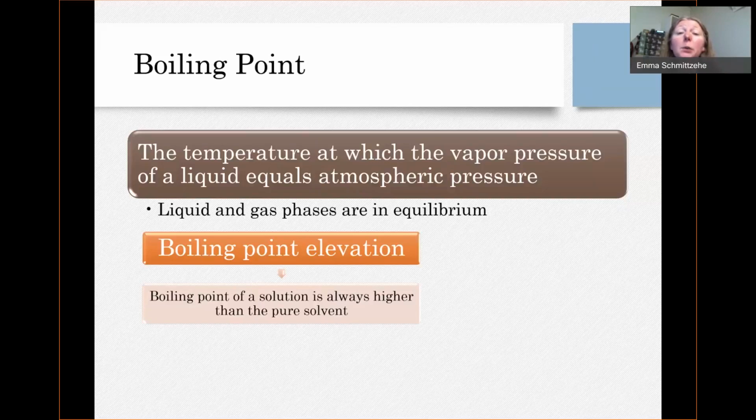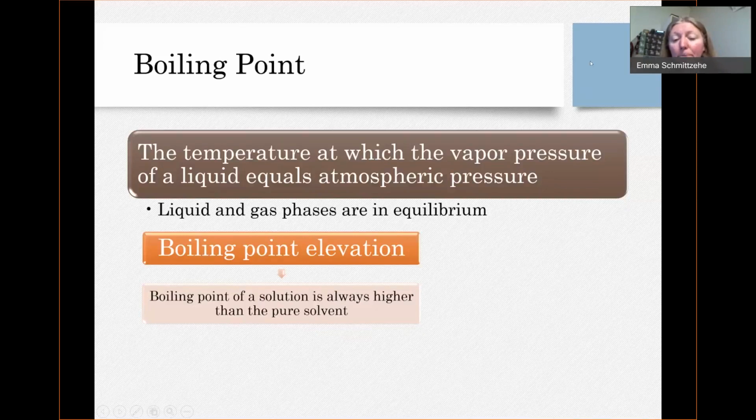Okay, so let's say we have water under standard conditions, 1 atmosphere. It has a boiling point of 100 degrees C, right? But if we dissolve stuff in that, its boiling point now is above 100 degrees C. And how much it increases depends on how much solute you dissolve in there, okay?